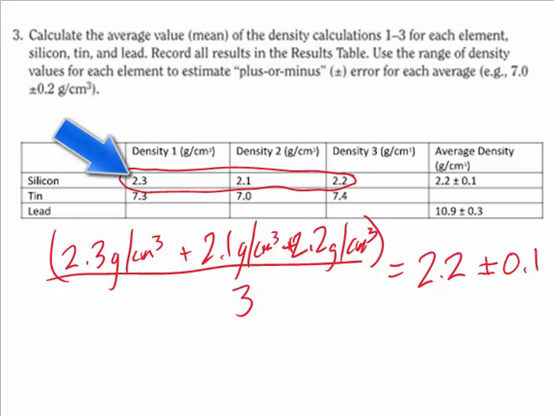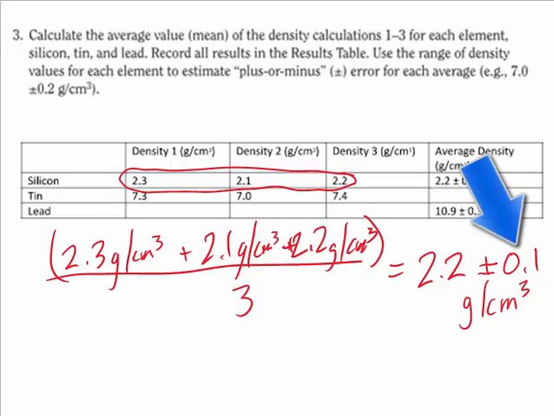So it would be plus or minus 0.1 grams per centimeter cubed. If the increase or the decrease is larger, you have to put that larger value here as your uncertainty, or your plus or minus value. You have to do this calculation 3 times because there are 3 averages.